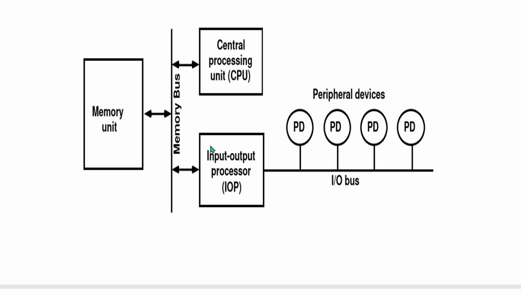Here the IO module is nothing but an intermediate interface module. It is combined with memory and peripheral devices. And DMA means direct memory access. While DMA is enabled, the central processing unit is completely taking rest.